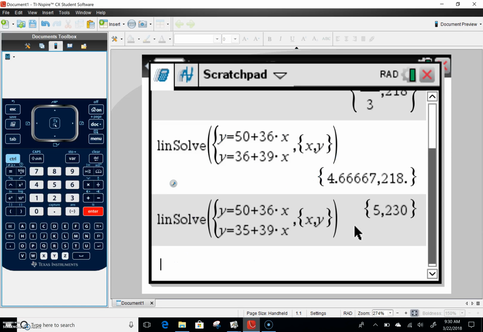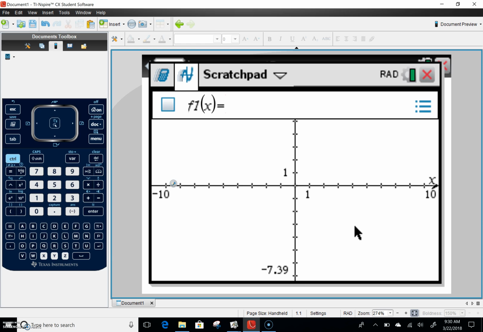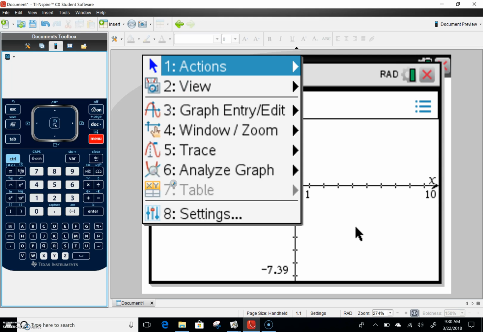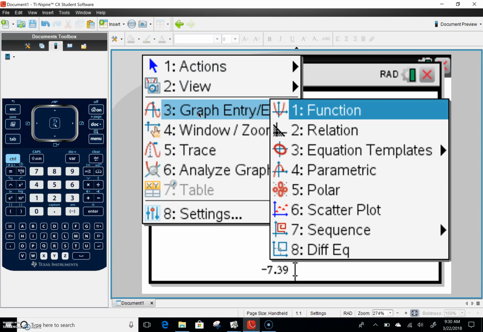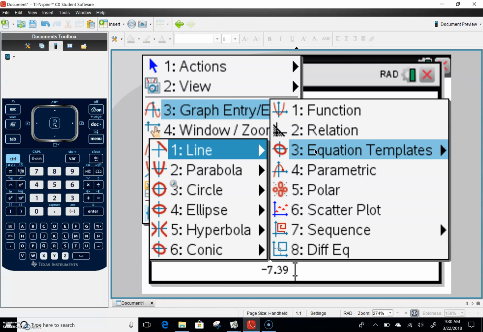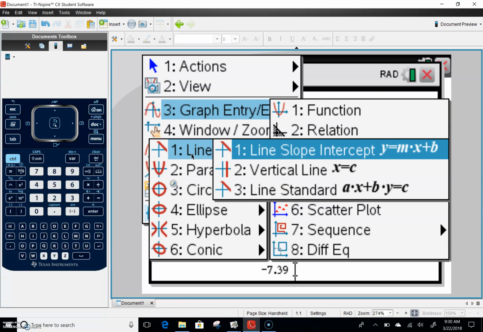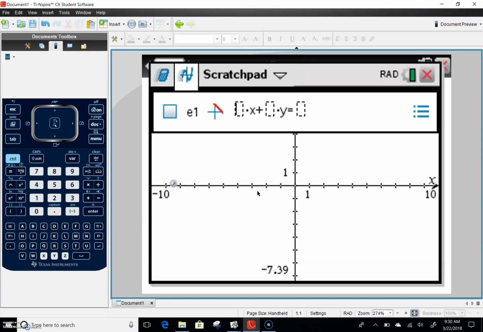But I also showed you to check it with your calculator, which is all you have to do. Go to your graph. Since it's in standard form, I'm going to go math, graph, graph entry, equation, line standard.